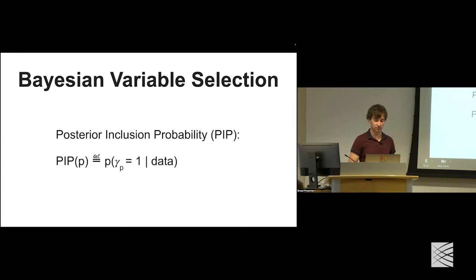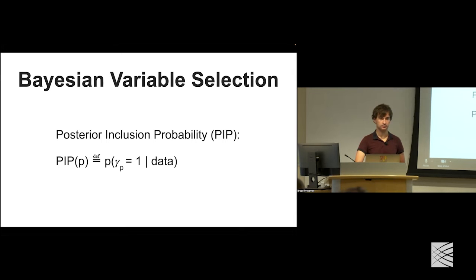And so a covariate with a large PIP is one for which there's large evidence that it's necessary to include that covariate to explain the data. And conversely, a small PIP covariate is one for which there's little statistical evidence for the inclusion of that particular covariate. And so this is useful because it's a nice interpretable score. It's between 0 and 1. We can use it to rank covariates and so on and so forth.